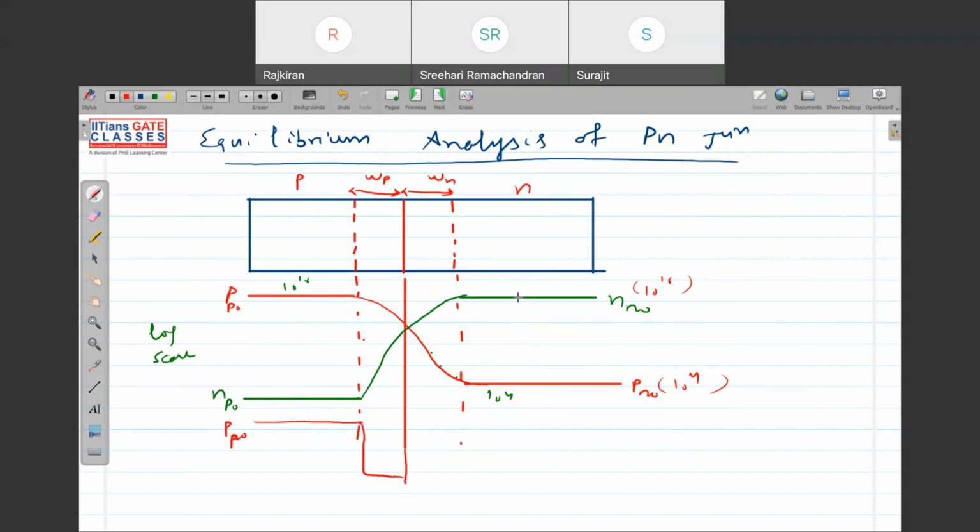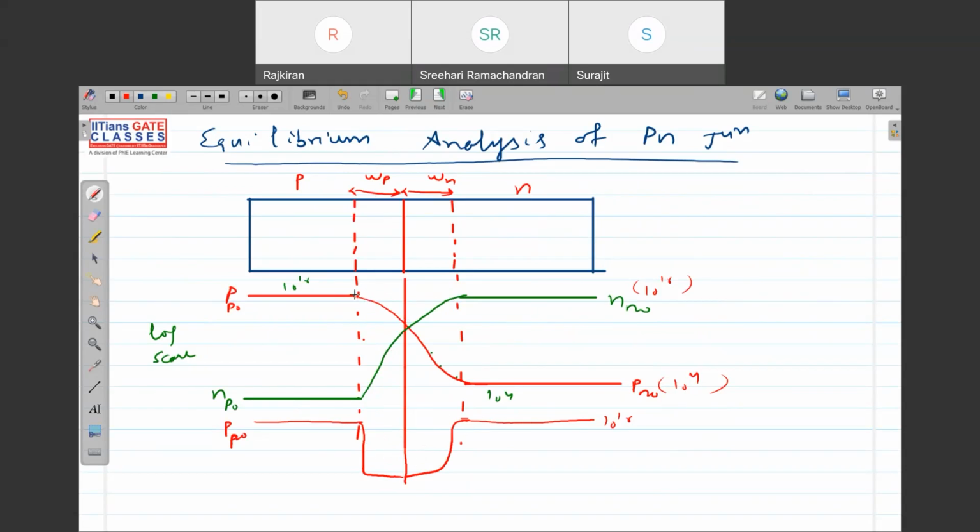Similarly, if you want to plot the electron concentration, here it is 10 power 16. If you move a little bit, it will reduce 100 times, 1000 times. So at a very far distance it will be very much reduced, like this. Near the junction it looks almost 0, but actually it is not 0.